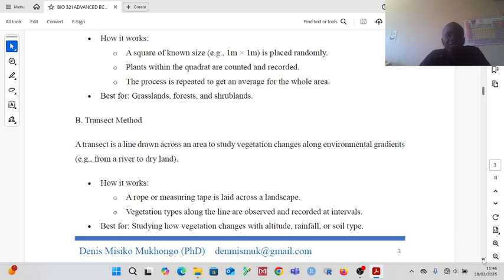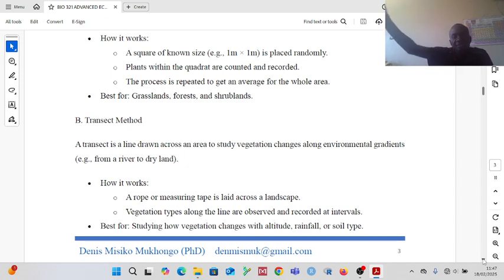How the transect method works is that you have either a rope or a measuring tape that you lay across a landscape. Then you move along that rope, along that tape, and you make observations and record at intervals. If, for example, you've put a 50-meter rope, then you can decide that you'll be recording after every 10 meters what you see.